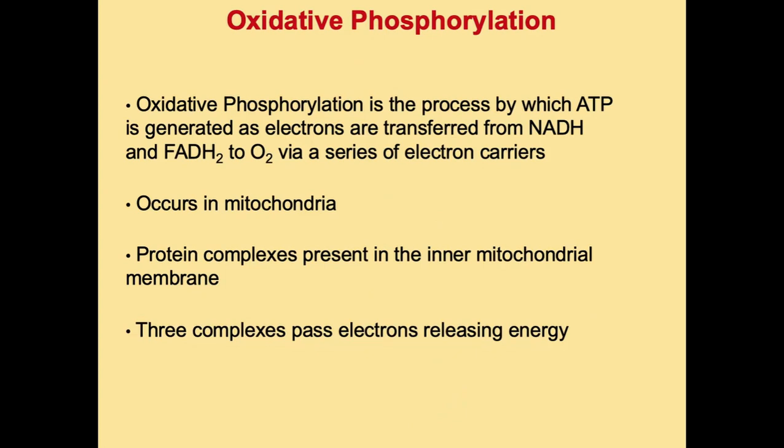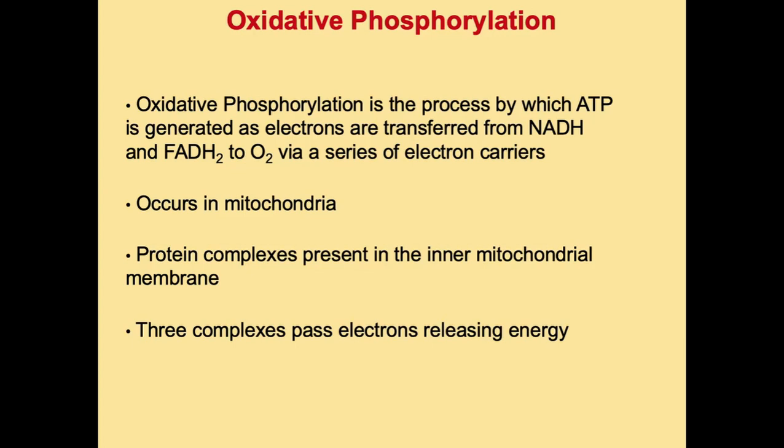The next step is the process called oxidative phosphorylation, whereby ATP is generated using the energy from those electrons which are carried by NADH and FADH2. This reaction requires oxygen. Oxidative phosphorylation occurs in the mitochondria.